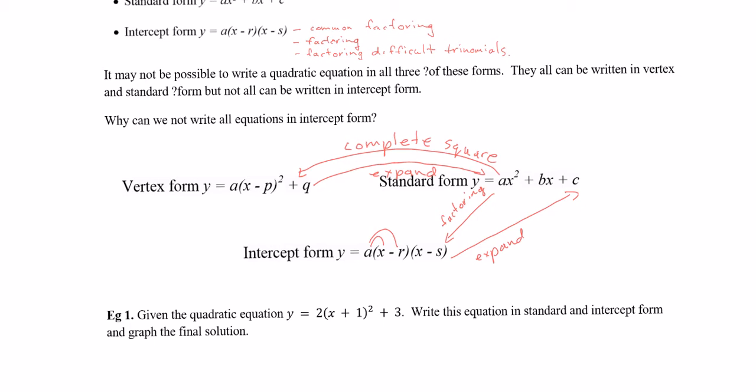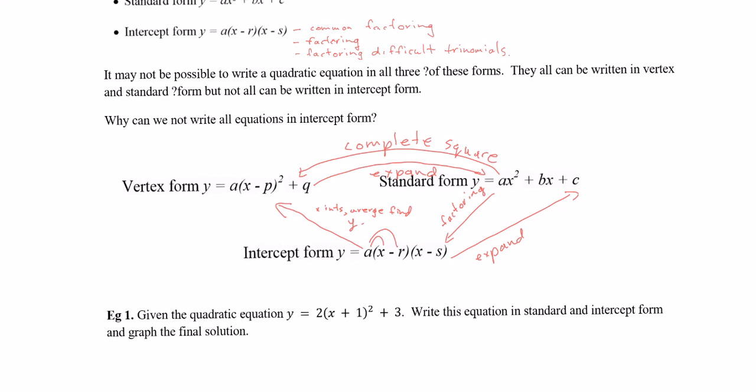When we want to take something from intercept to vertex form, what we do is we get the x-intercepts and then average them and then find y. We did that 2 days ago.